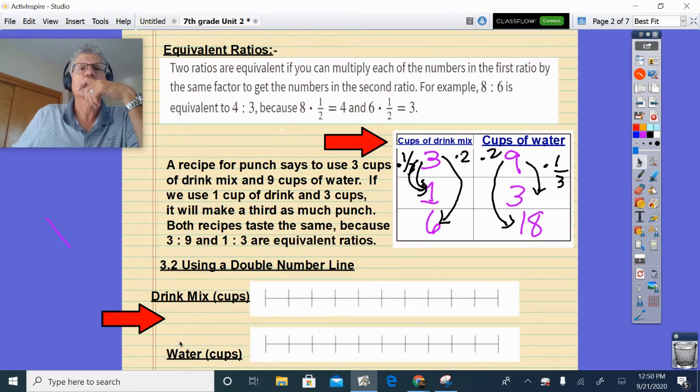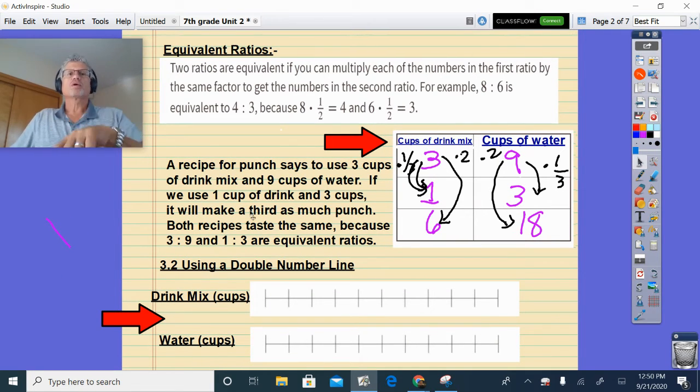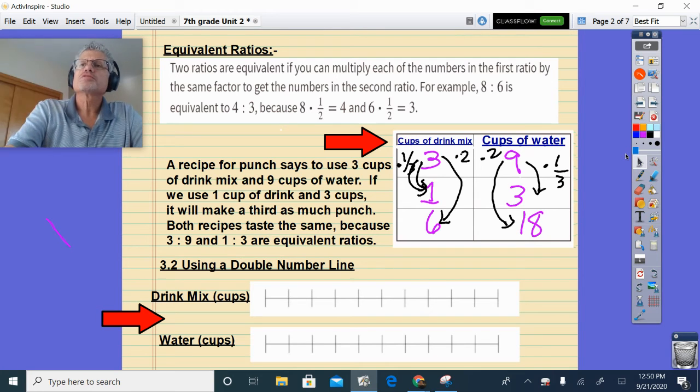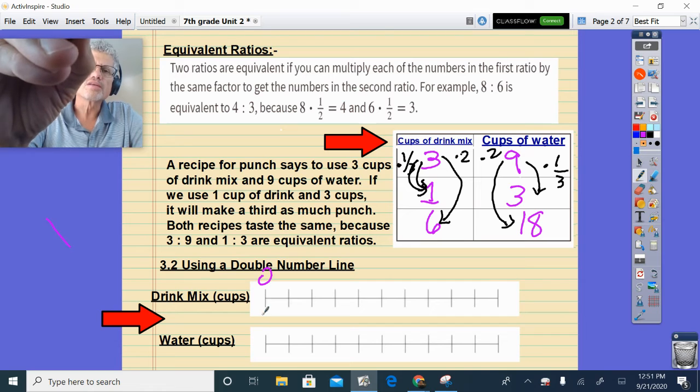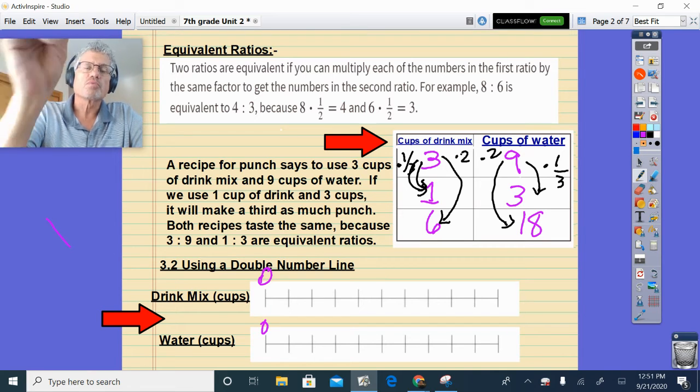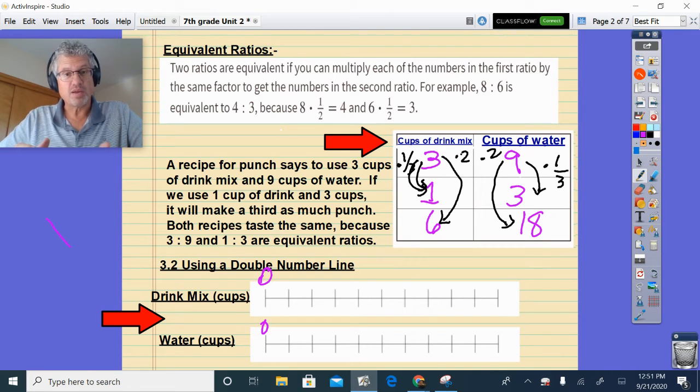Well, the first thing I'm going to do with a double number line is always start my number lines at 0. Because if I didn't have any drink mix, would I need any water?